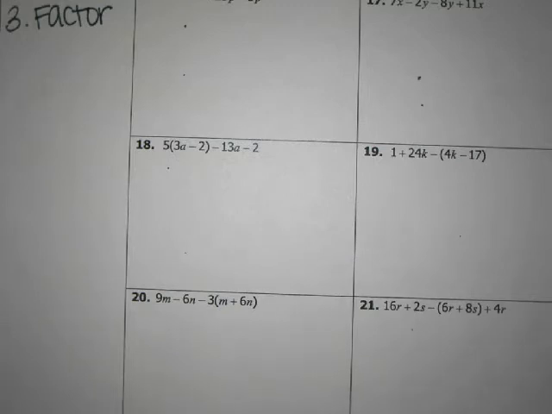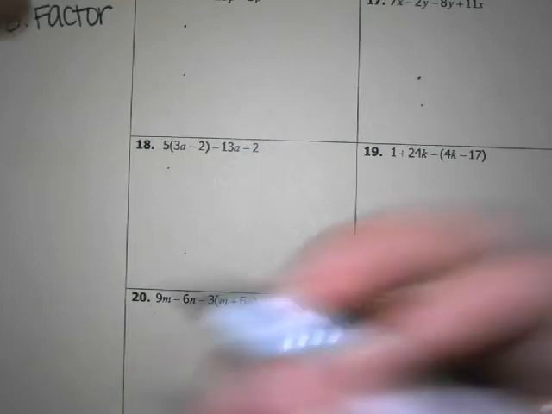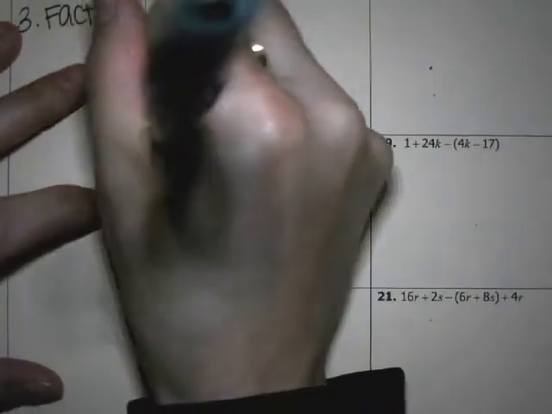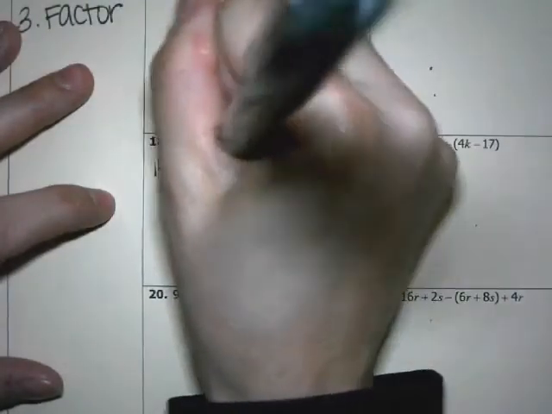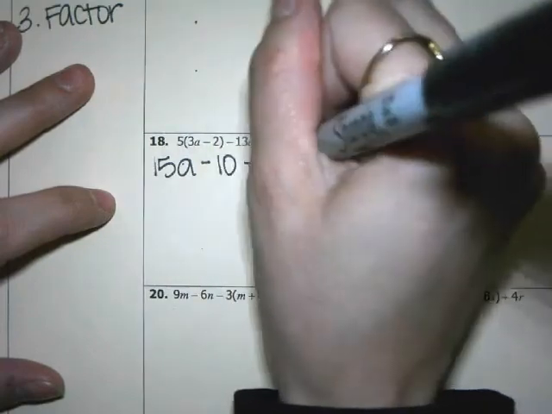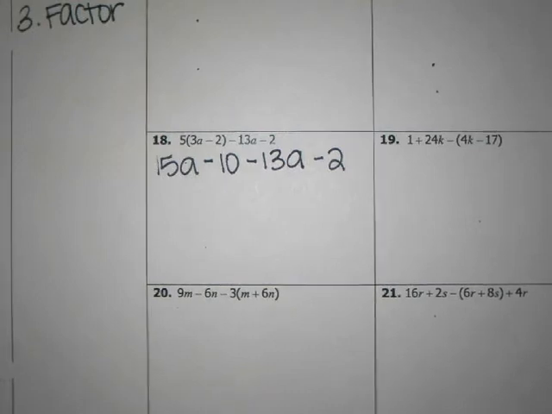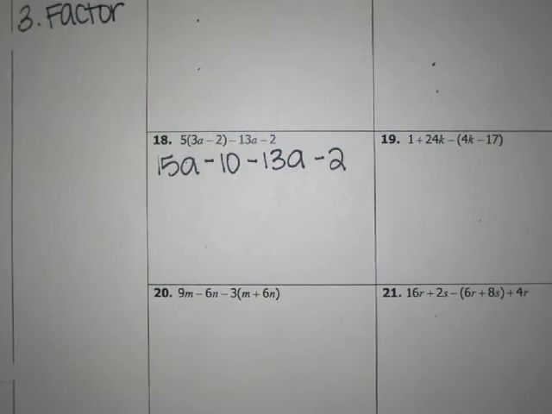Tell me what I get when I do the distributive property. 15a minus 10 is correct. Then we carry down the minus 13a and the minus 2. So what do we do now, everyone? Combine like terms. If you haven't done that yet, please combine like terms.